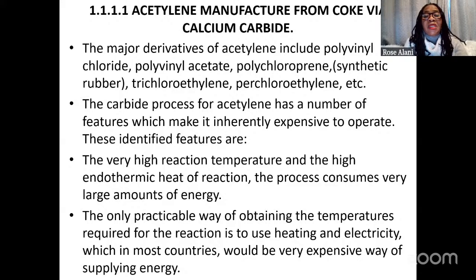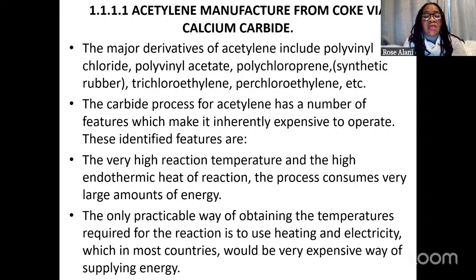The carbide process for acetylene has a number of features which make it very expensive to operate. One of them is very high reaction temperature. You could see the temperature, we talked of 2000 degrees centigrade. Also, high endothermic heat of reaction.